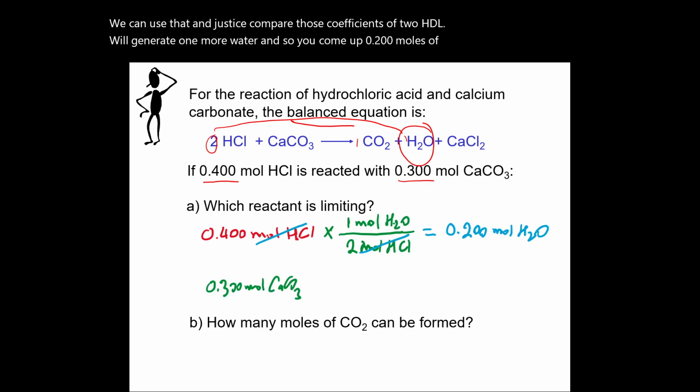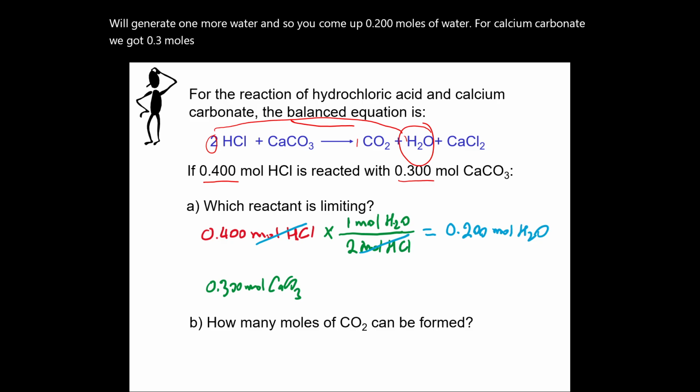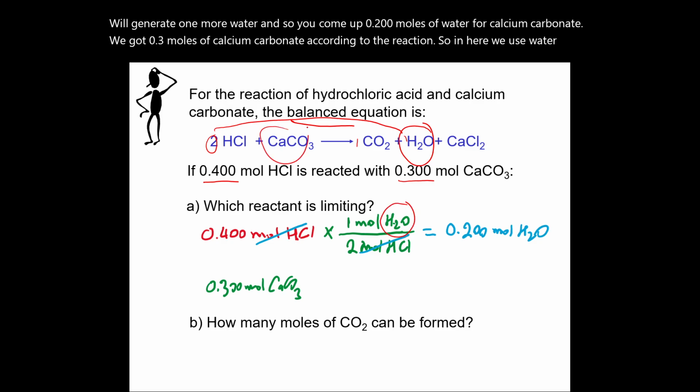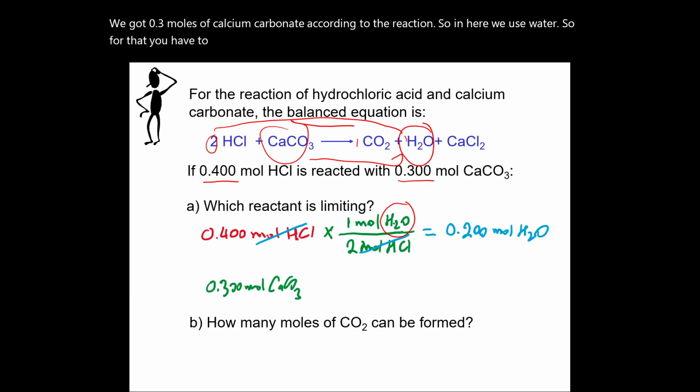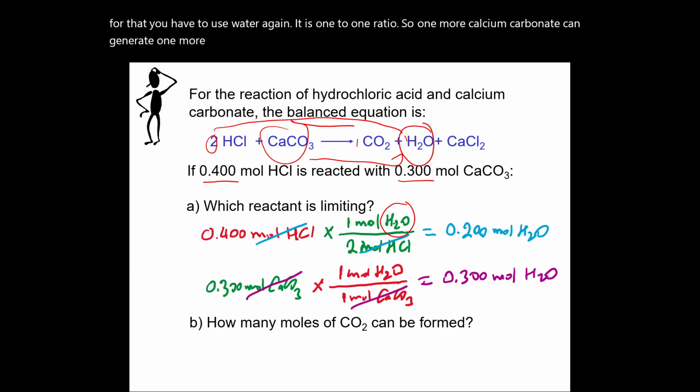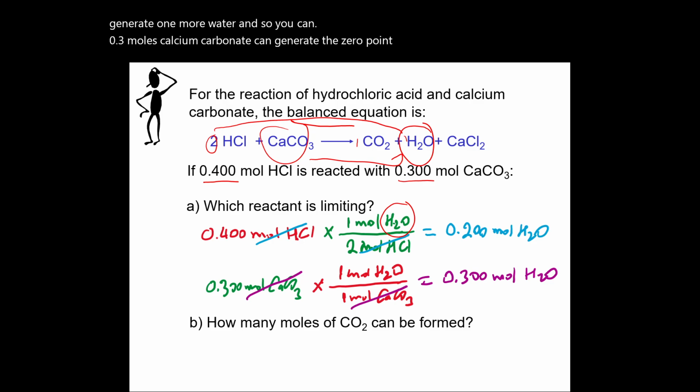For calcium carbonate, we got 0.3 moles of calcium carbonate. So in here we use water again. It is a 1-to-1 ratio, so 1 mole calcium carbonate can generate 1 mole water, and so 0.3 moles calcium carbonate can generate 0.300 moles of water.